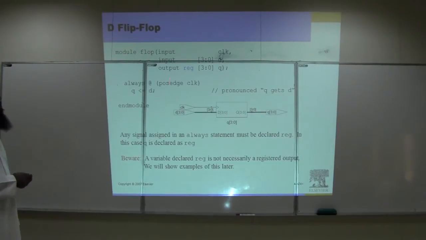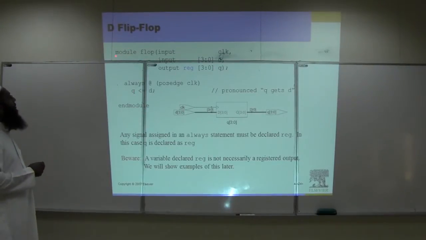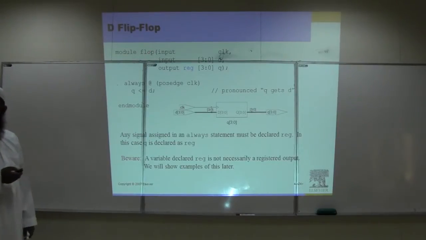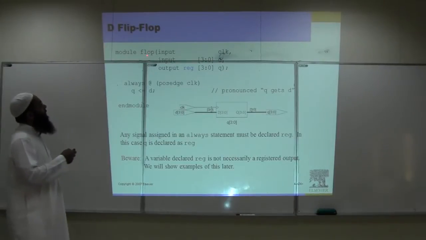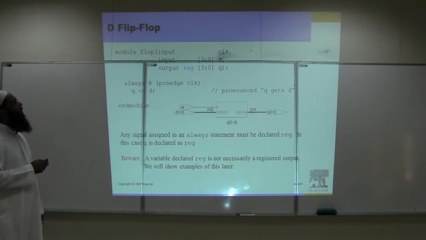Now, how can you write the code for that in Verilog? So we write a module, and this is the name. You can give another name like DFF for D flip-flop. He gave a name here, flop.